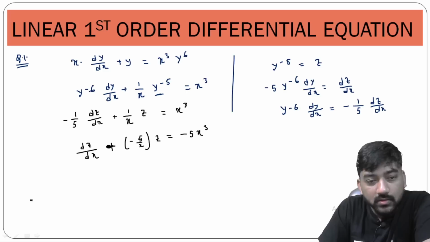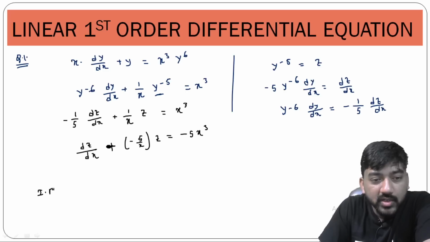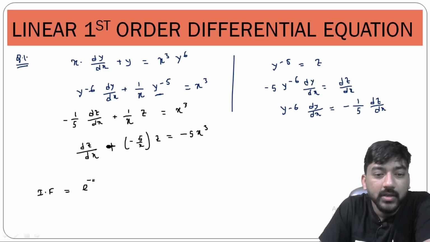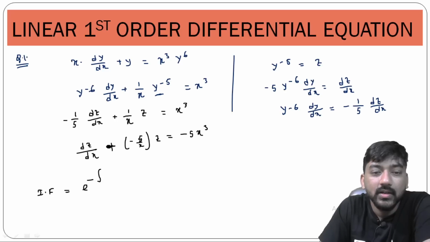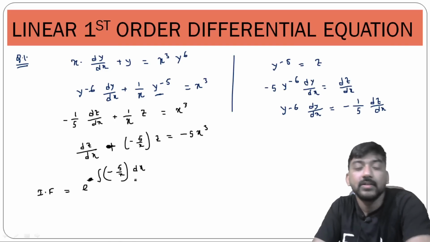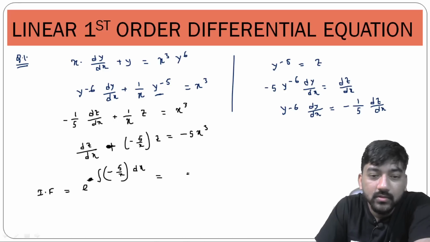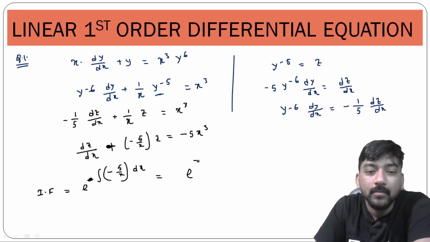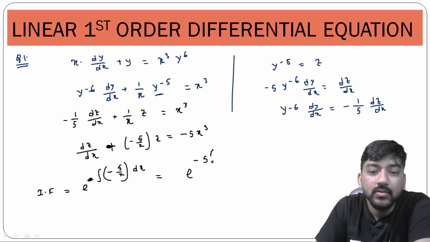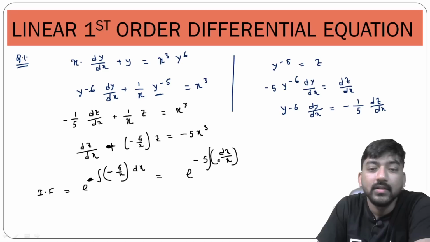So you can write the integrating factor IF is equal to e to the power integration p dx, and here p is minus 5 by x, so it is e to the power integration minus 5 by x into dx. That will be e to the power minus 5 into integration dx by x, and integration dx by x you know is ln x, so e to the power minus 5 ln x.